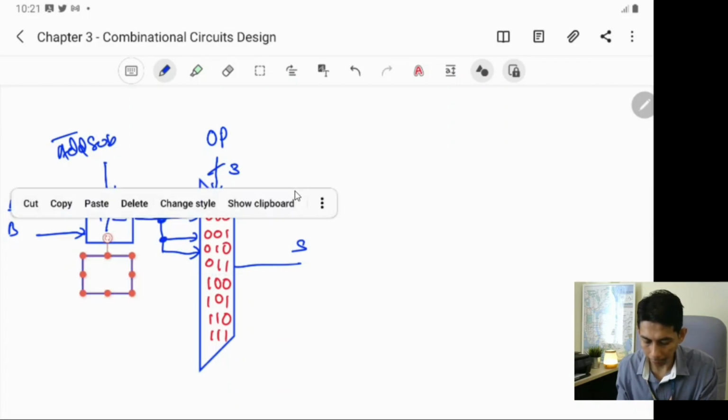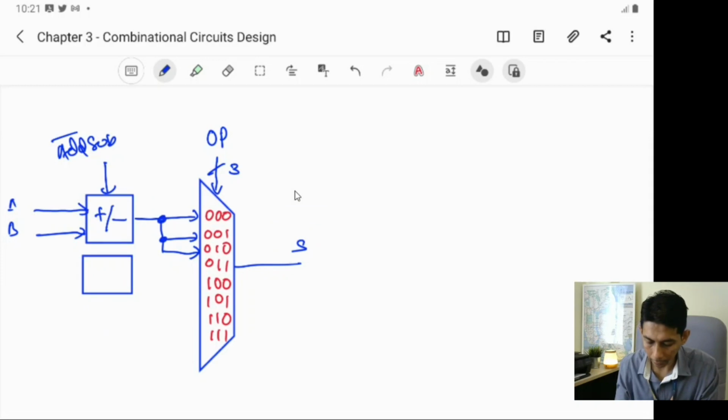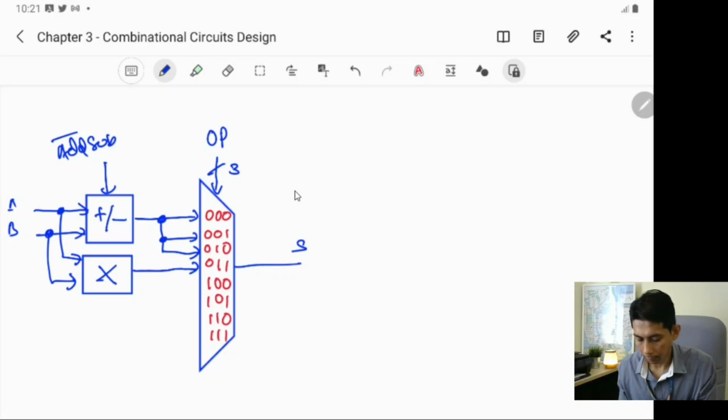Right, cannot use the same circuit anymore. So in this case, you need to have a multiplier. So again, this input is A and B, right, and the output goes to 0 1 1.